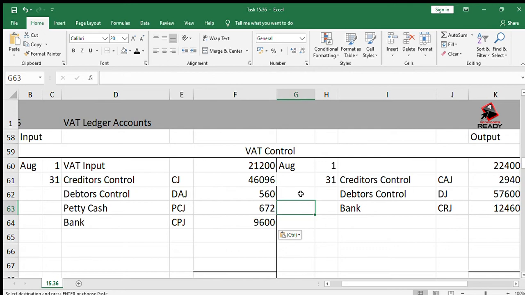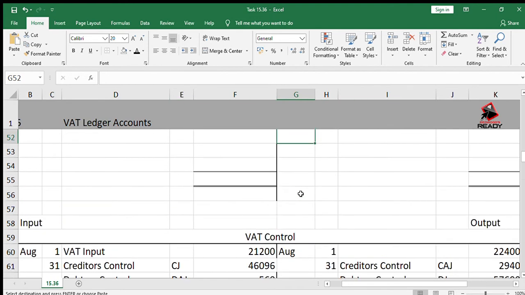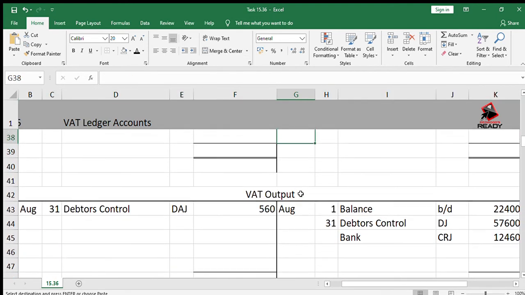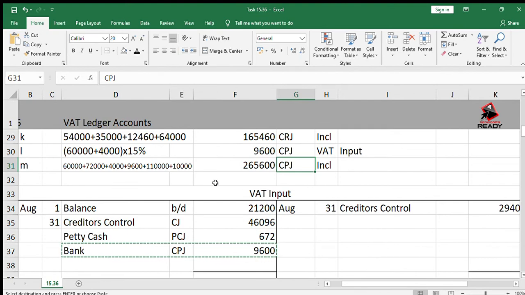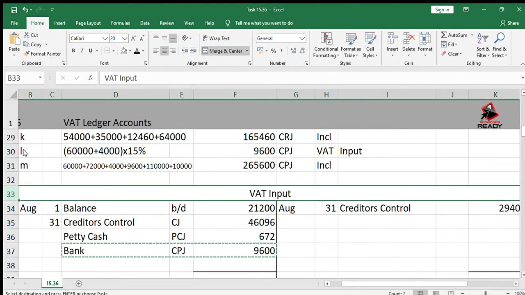If you look at your discount allowed column, it's 2,800 in the CRJ. And the 2,800 includes VAT. So we're just going to extract the VAT from there. Just going to show you the calculation here with our other calculations so that it's all in one place.